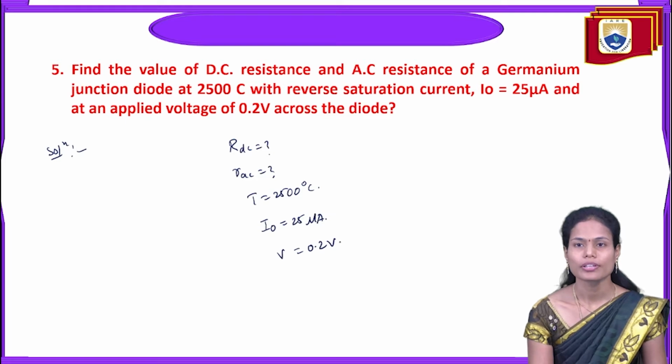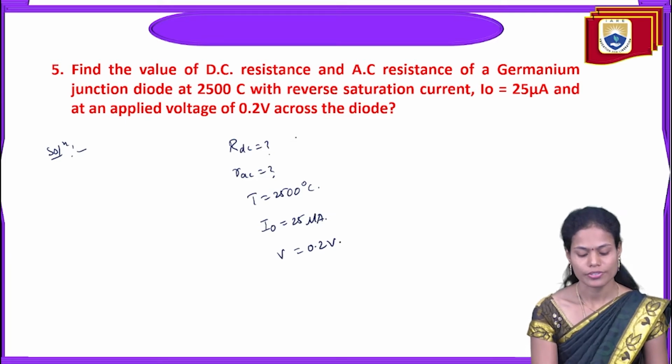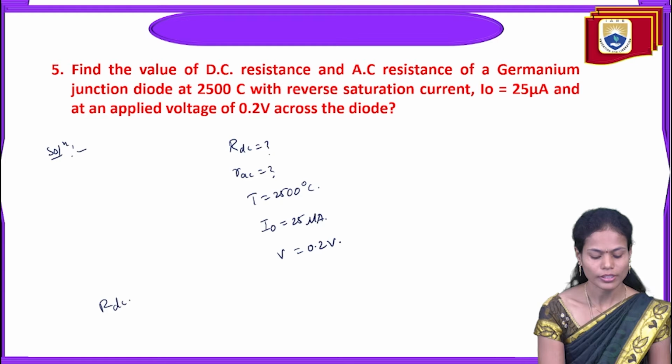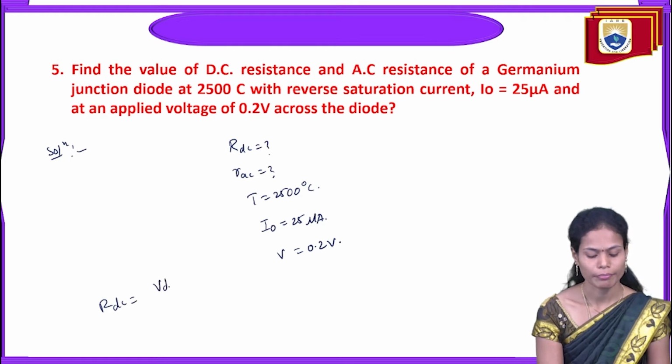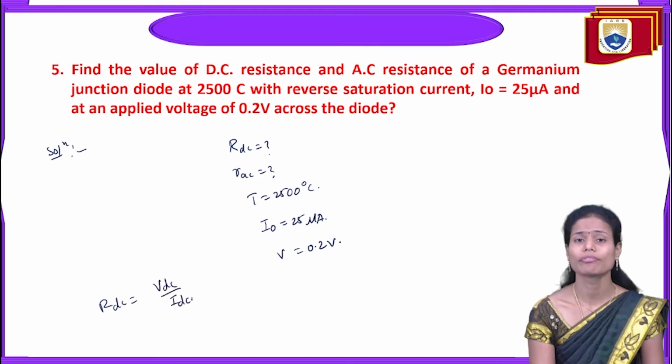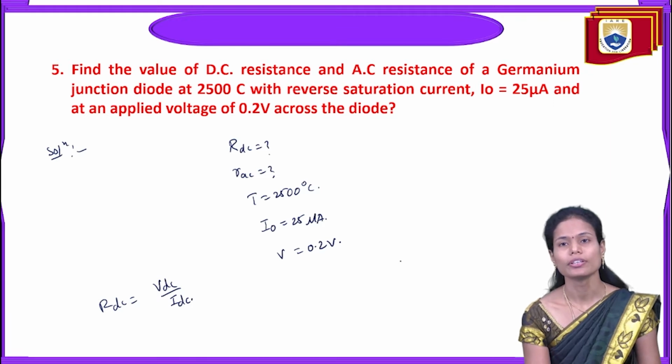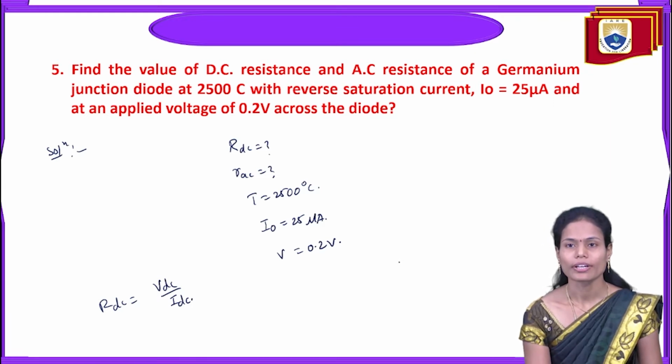Generally, the DC resistance RDC we can directly calculate by VDC by IDC, or forward voltage V forward by forward current I forward.